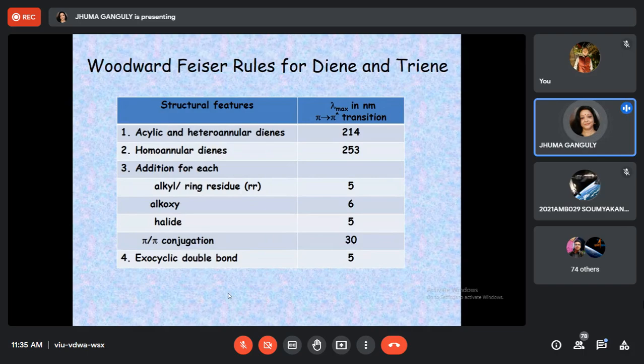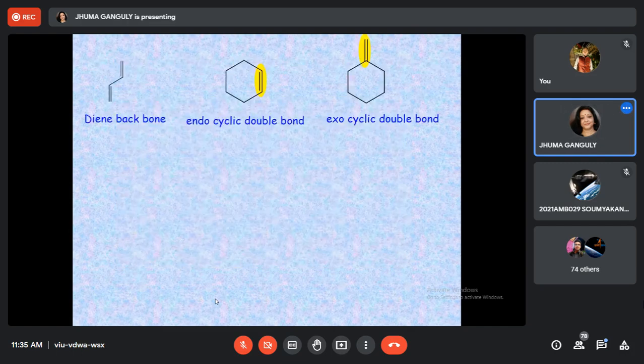So many new terms are there, isn't it? Heteroannular diene, homoannular diene, ring residue, then exocyclic double bond. So first we clarify these things, then we'll go for the analysis part. This is the diene backbone, first one. Then this one I am showing here in yellow. Actually, this is known as an endocyclic double bond.